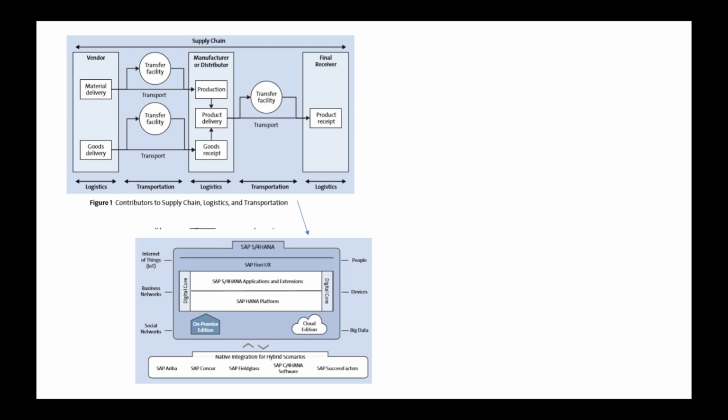So SAP TM in S4 HANA actually is divided into two parts. One is basic, one is advanced. If it is basic, you don't have to pay any extra amount. But if you are going to avail the advanced part, in that case, you need to pay an extra licensing fee per user. Okay?